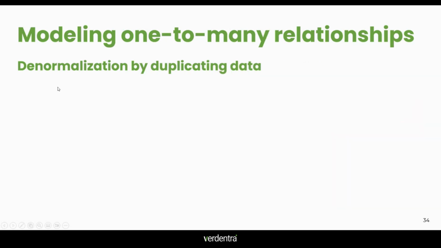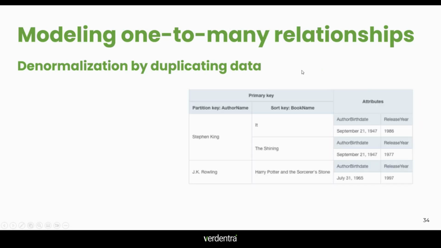The next one is denormalization using duplicate data. Here's another example. Here we have an author and a book, and in all of these items you have this attribute called author birthday. For Stephen King, you can see you have 2 books and this is repeated.